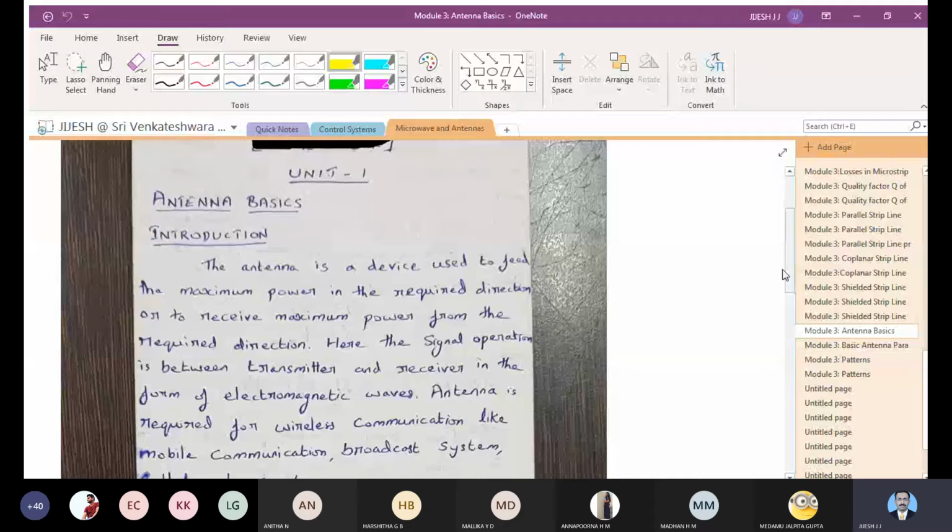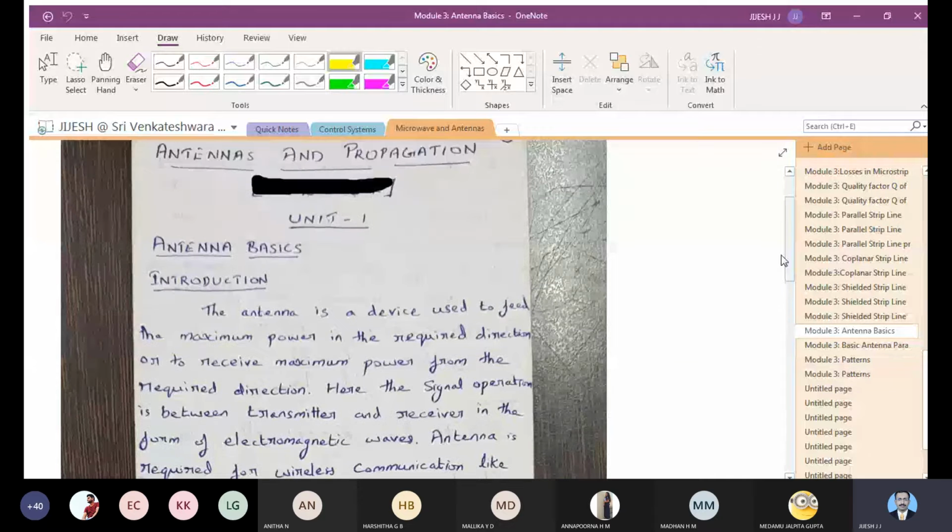You only need to get adjusted to integration, differentiation and trigonometric relationships. You will feel that this is very interesting, very much similar to mathematics, apart from a few concepts of antennas and whatever you are going to see.